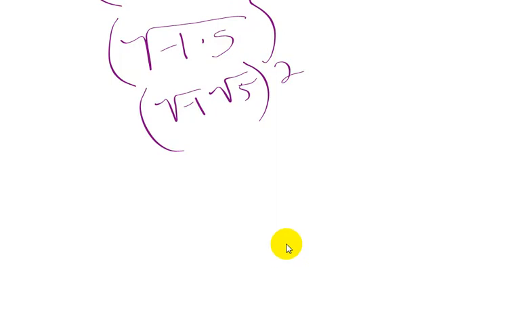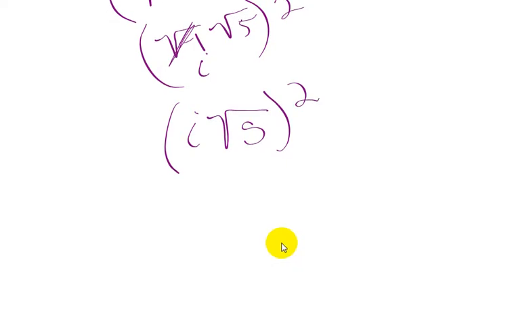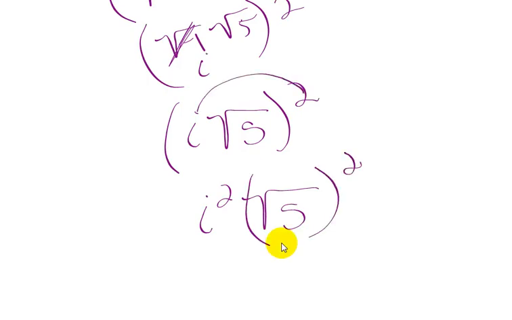And we know that the radical of -1 is just i. So now we have i radical 5 squared. And we can rewrite that as i squared times radical 5 squared. Everyone agree? Because we're just distributing to both terms, the i and the radical 5.